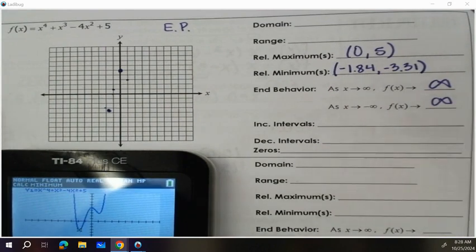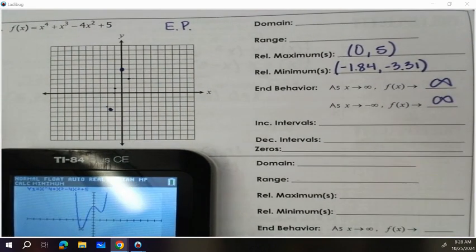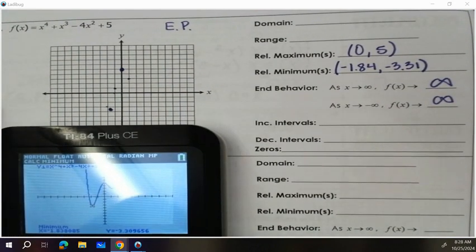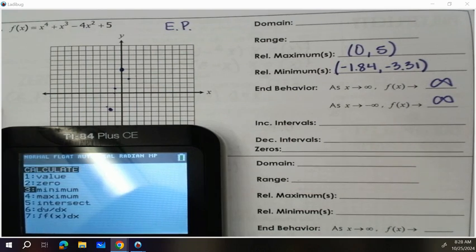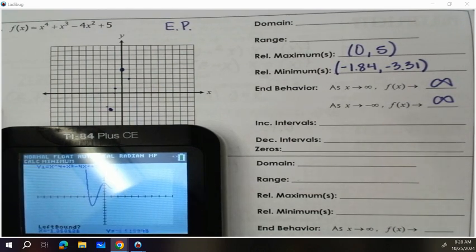Okay, so let's get our other relative minimum. So second calc min. I'm going to go to the left side of it. I'm going to get really close up here to it. Left. And then I'm going to go over to the right. And then I'm going to calculate it. Take a guess.